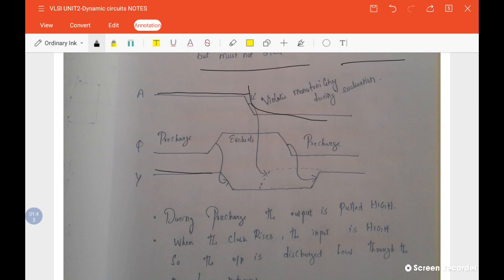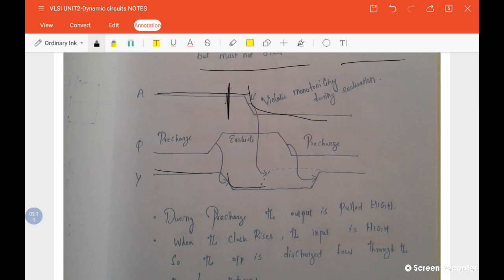During evaluation, we know very well that phi is equal to 1. When phi equal to 1 is given to the PMOS, it turns off the PMOS, and the output discharges through the NMOS. So your output is low during the evaluation mode. At the same time, your A input is also high.